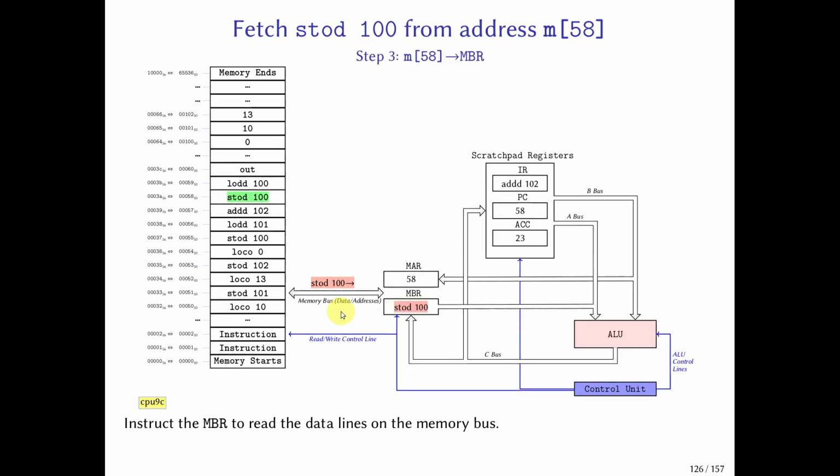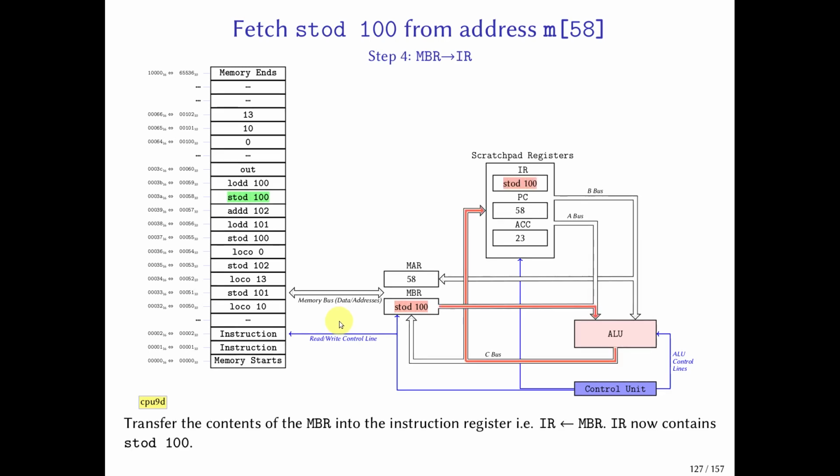The CPU reads that input from the memory bus and takes the copy of the machine code instruction into the memory buffer register, and thence from the memory buffer register to the instruction register, where it will then stay while it is being decoded and executed.